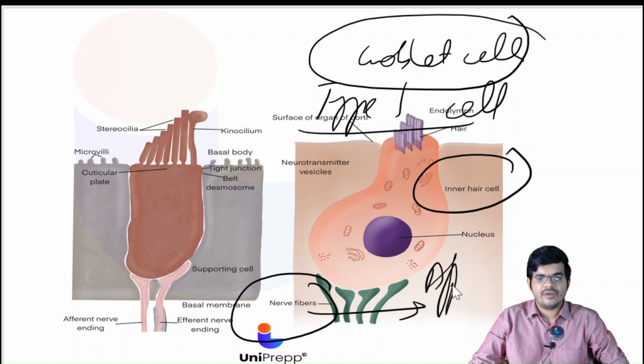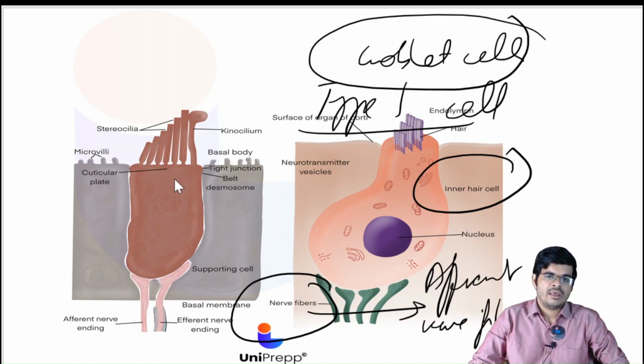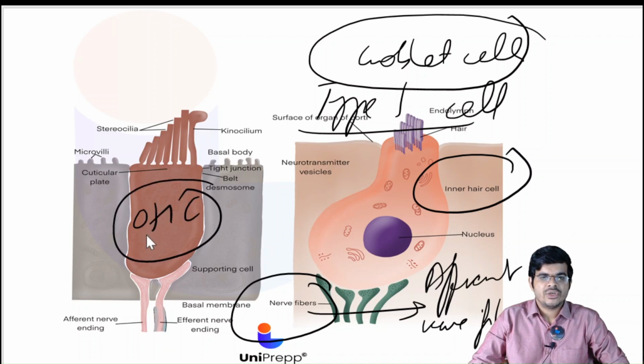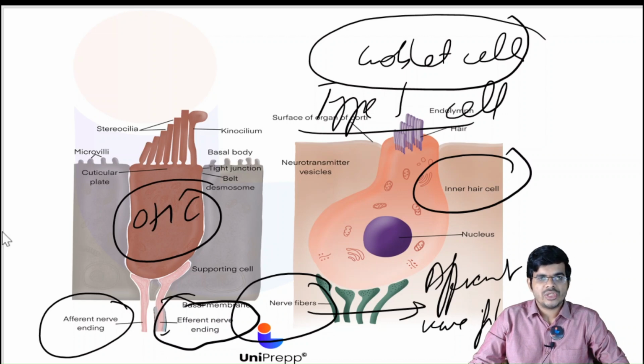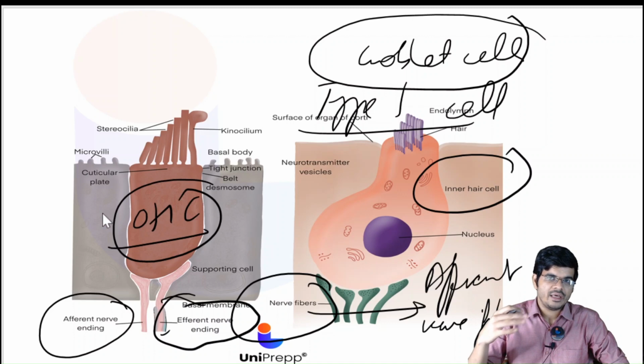Here you have the outer hair cells. Outer hair cells have more efferent nerve fibers. Afferent is also there, but more efferent nerve fibers, because the major function of outer hair cells is in modulating the function of inner hair cells.